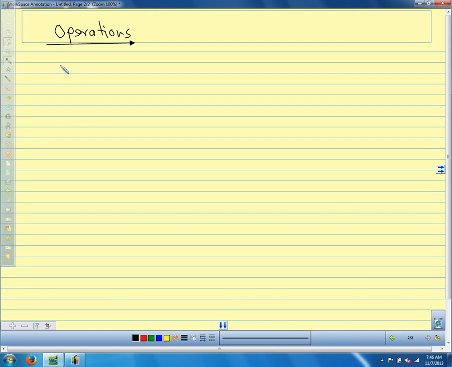So if I have a couple of vectors, u is ⟨u1, u2⟩ and v is ⟨v1, v2⟩, and c is a scalar. To add vectors, our vector sum u plus v, we just add our components.